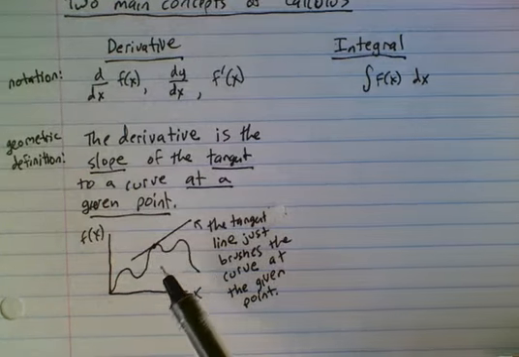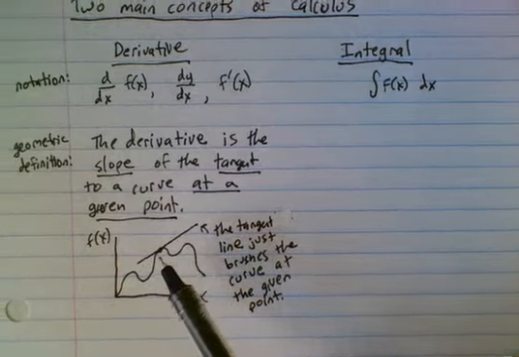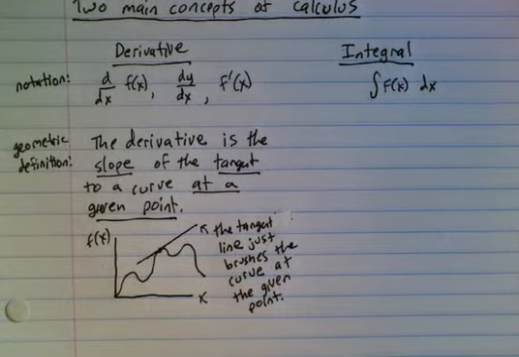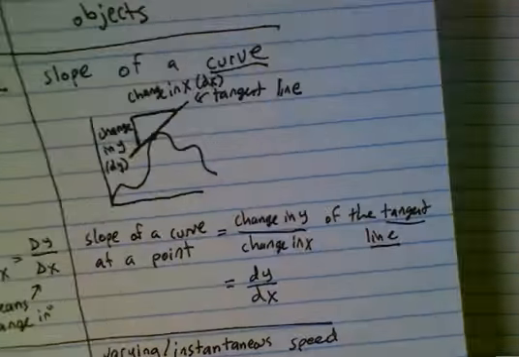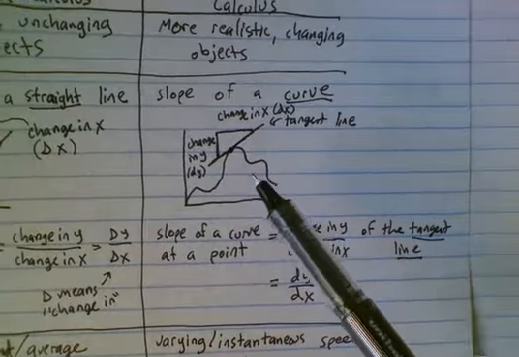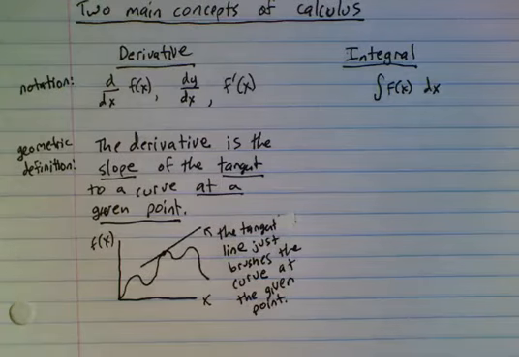And all the derivative is the slope of this line, just like we were working with when we were talking about the differences between calculus and precalculus on the previous page.